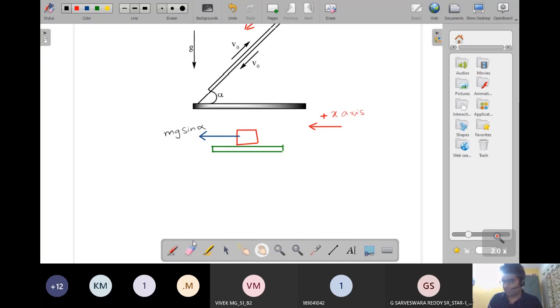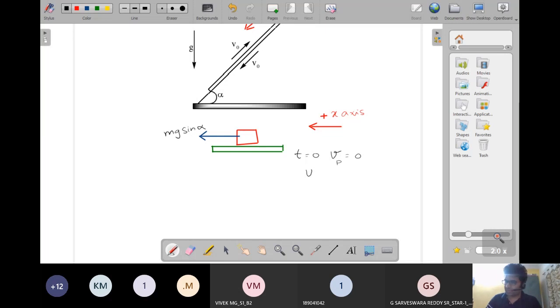And the plank will be moving back and forth. There will be two motions that the plank has. Without loss of generality, I will take t equal to 0 as the instant when the plank is at rest. So at t equal to 0, assume velocity of the plank vp is equal to 0.